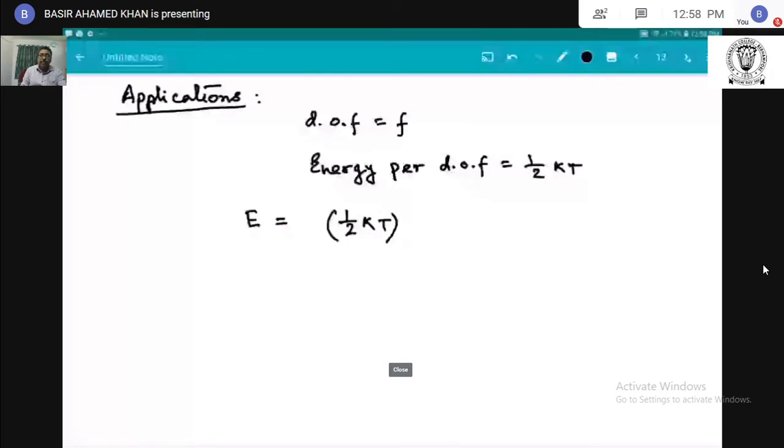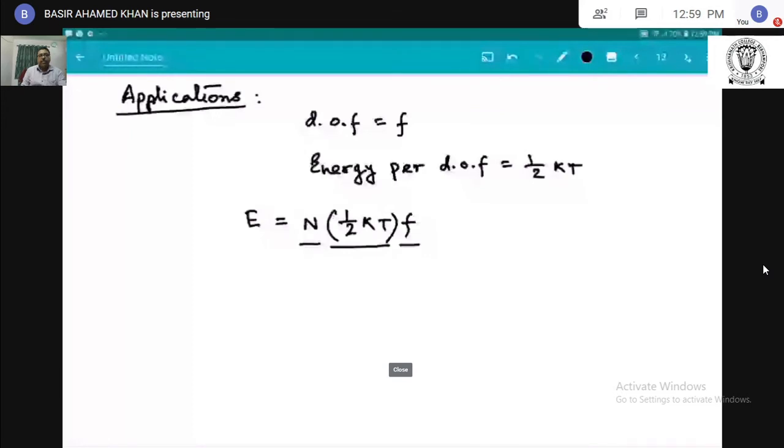If f is the number of degrees of freedom, therefore f into half kT, and if n is the number of moles, then the total energy of the system equal to half kT into f into n. Okay, clear? The energy per degree of freedom equal to half kT.